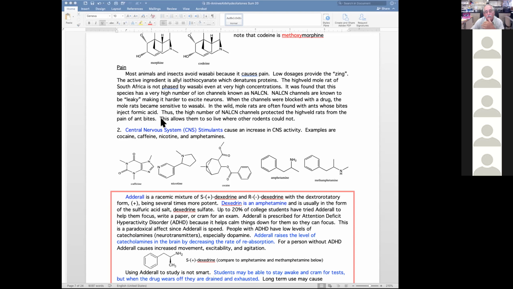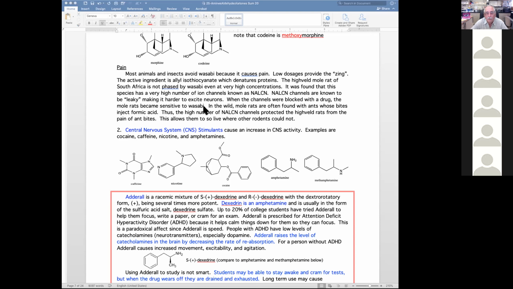So anyway, when the neurons are leaky like that, they're constantly having to spend energy keeping that electrochemical gradient across their membranes, but they keep leaking, so they're very inefficient. When they took those leaky channels and they blocked them with another drug, then the mole rats became sensitive to wasabi.